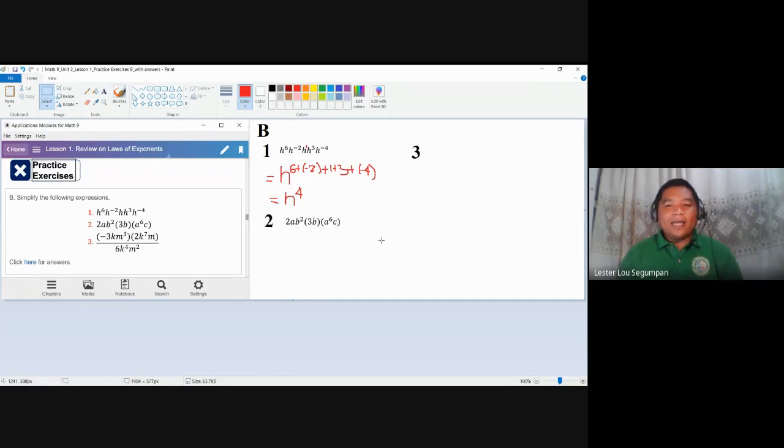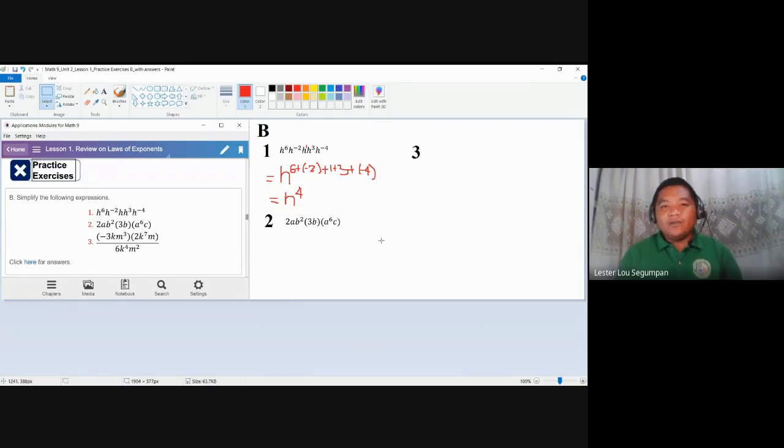Now, when we multiply these expressions, we separate the product of the numerical coefficients and the product of the literal coefficients. We all know that numerical coefficients are those constants that were placed in a term, and the literal coefficients are the variables. So for numerical coefficients, we just simply use simple multiplication.